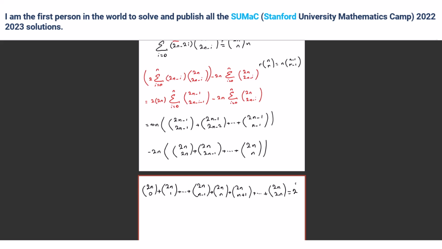Exactly, 2 to the 2n. Now here we are counting from 2n to n, so this part is what? 2 to the 2n minus 1.